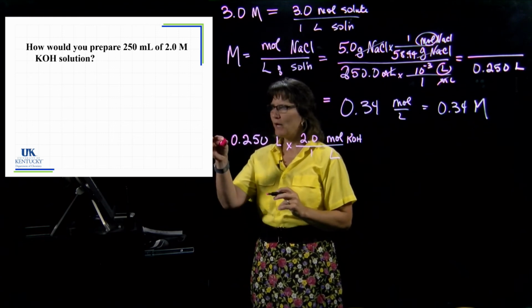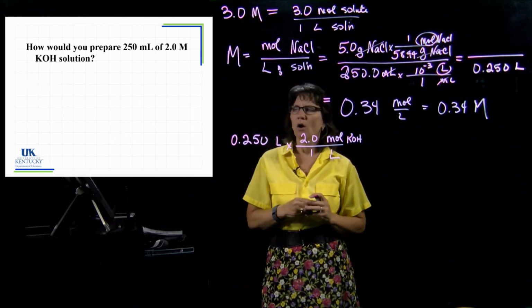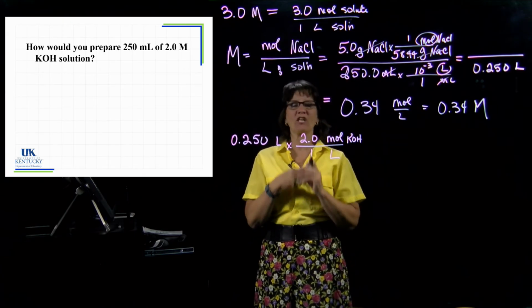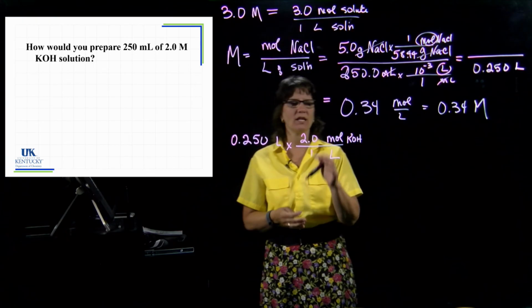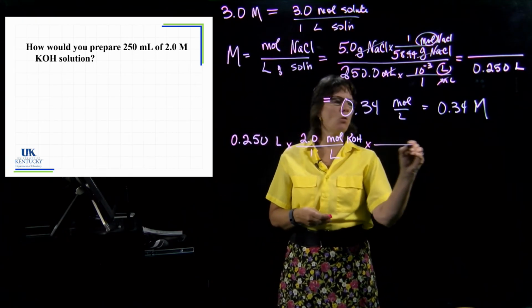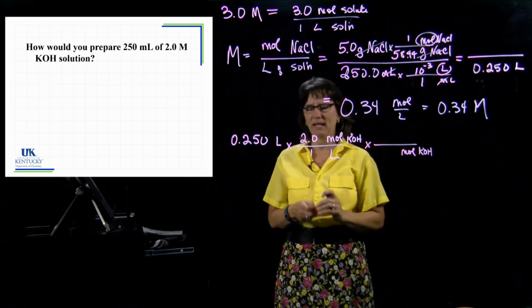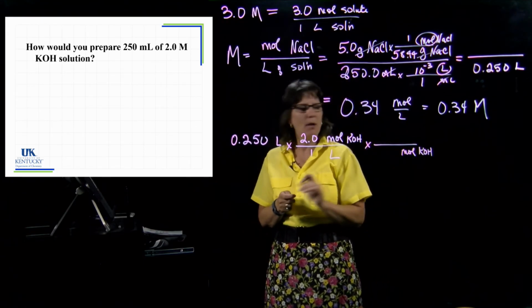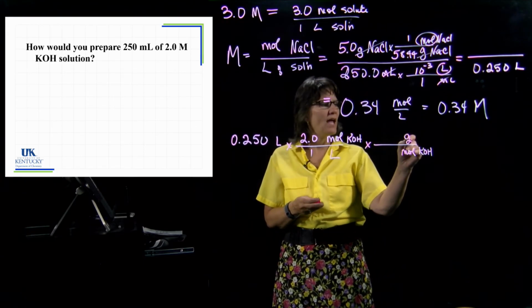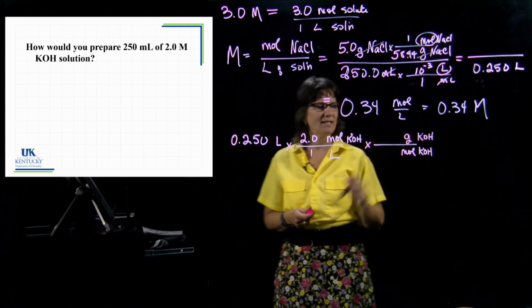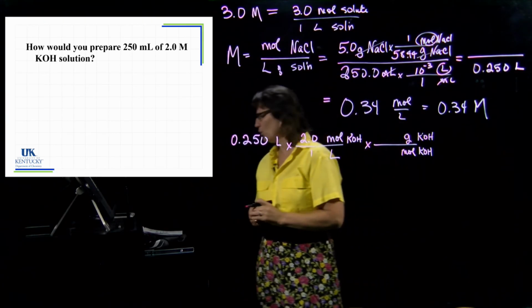If I'm wanting to prepare this solution that we see here in our problem, what we want to know is how much of this KOH I would actually have to weigh out in order to get the right amount in there. So we don't want to stop at moles, because I can't count that many, and I'm not able to divide it out, but I can certainly go to a balance and measure out how many grams of KOH that is, and that will tell me how many moles are there.